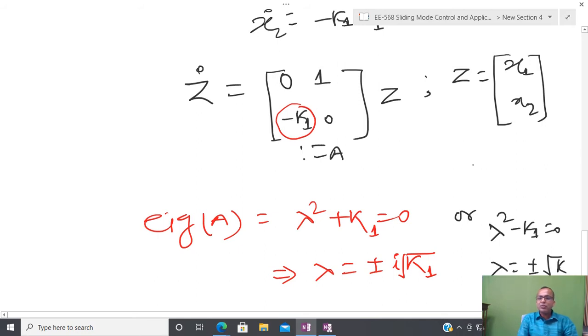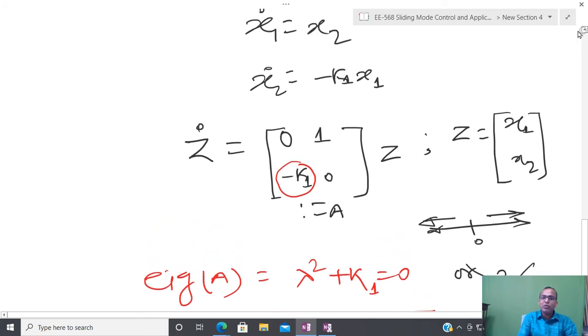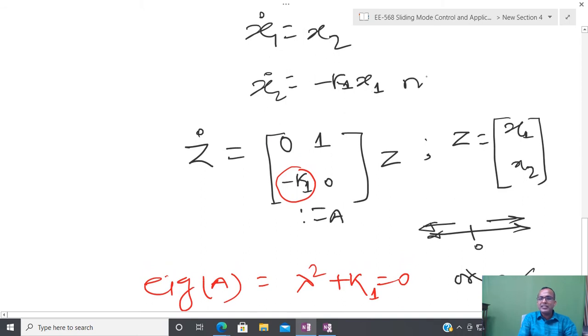No. At least about that eigenvalue, my system dynamics is going to diverge, so I cannot select those values of k1 where minus k1 is positive. So now I have only one choice. I can take minus k1, which means that I am applying negative feedback. I am not going to apply positive feedback. So this is an example of negative feedback.